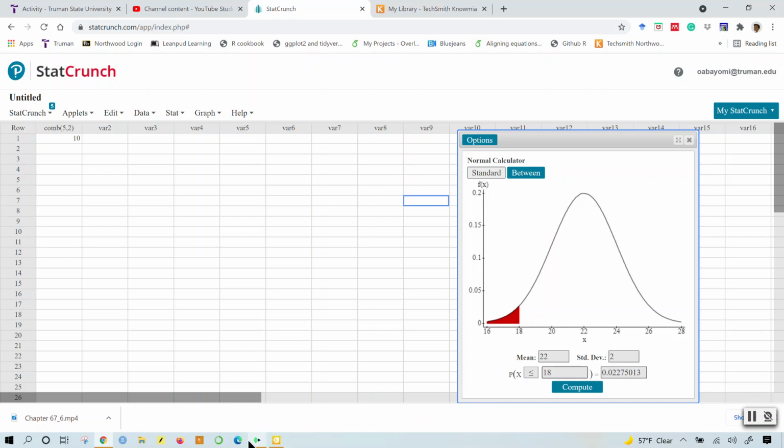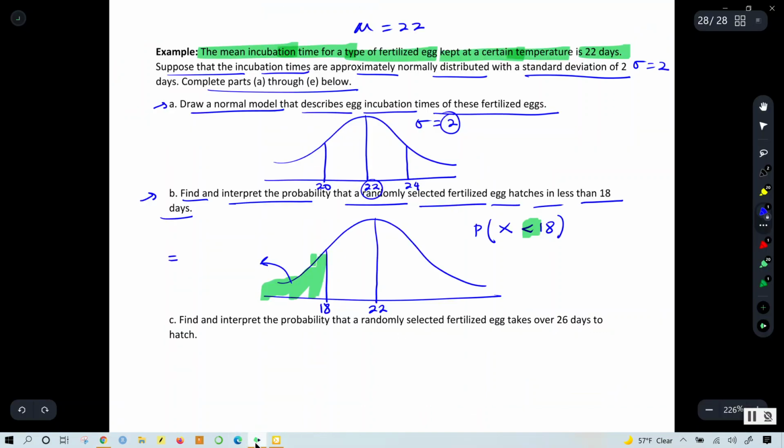Hit enter. I have 0.0228. What does this probability mean? It means that if I multiply this by 100, for example, this will take me to about 2.28.